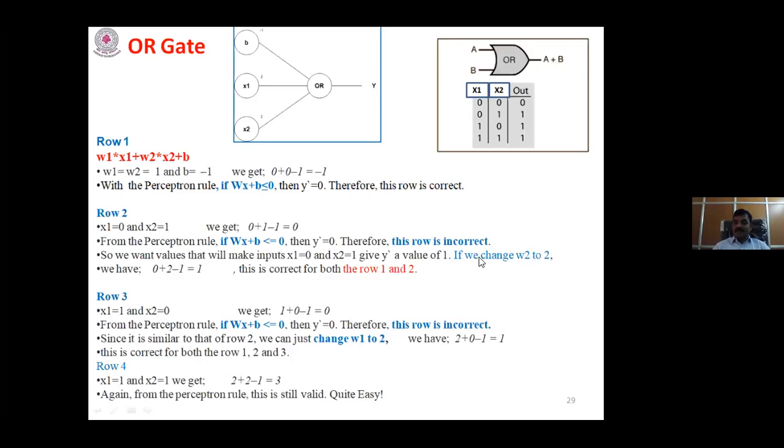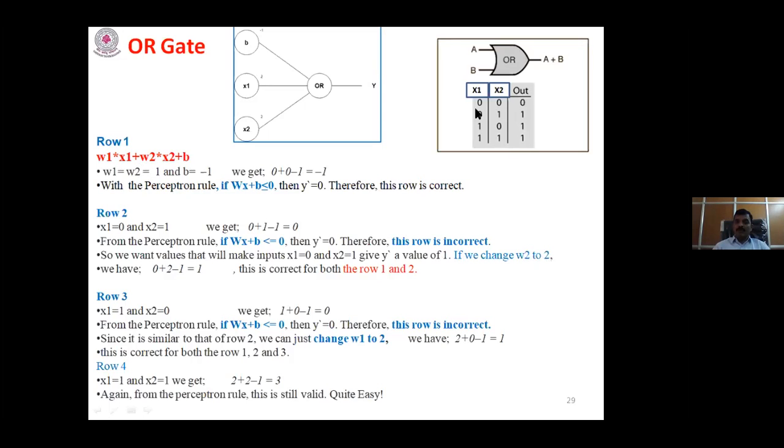So now I'm changing the W2 random value from 1 to 2. Initially I had taken 1, but now I changed it to 2, a readjustment of the weightage. Why am I selecting only W2 rather than W1? What is the reason?